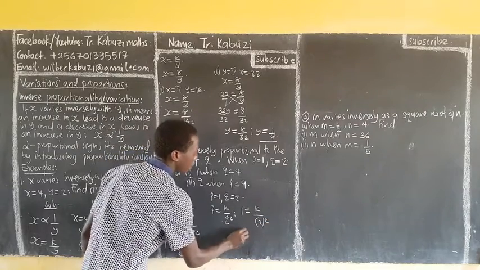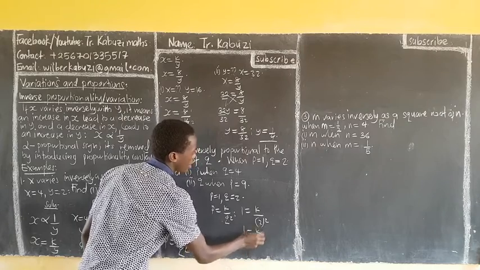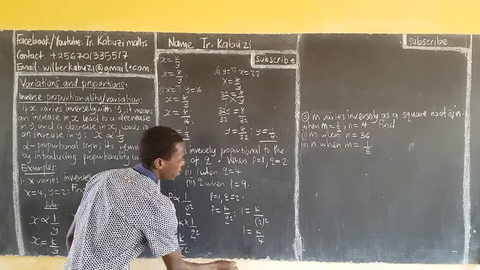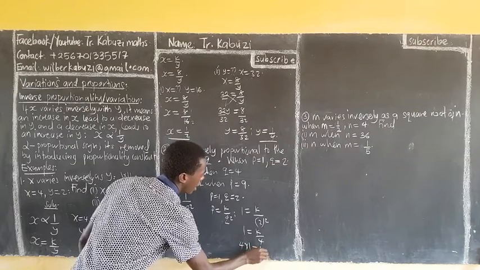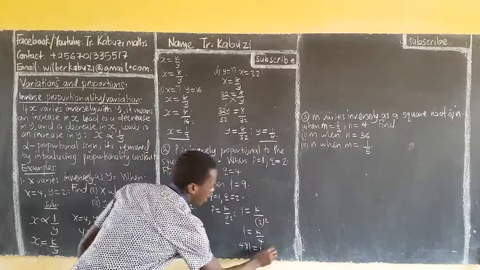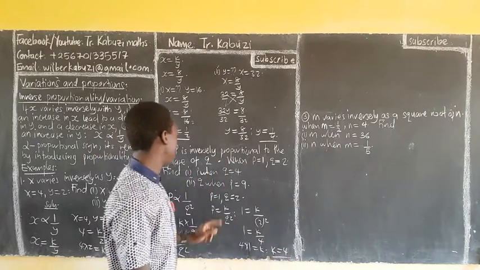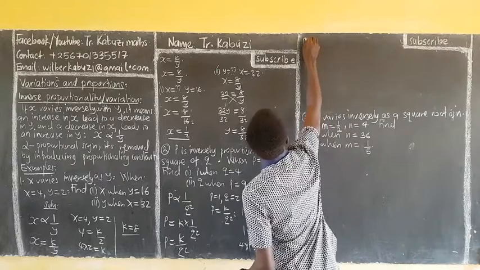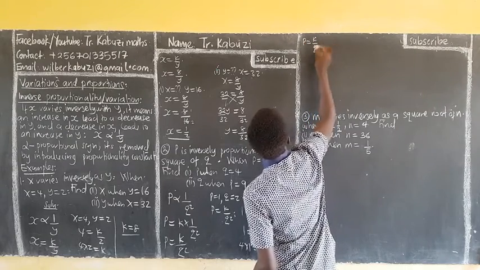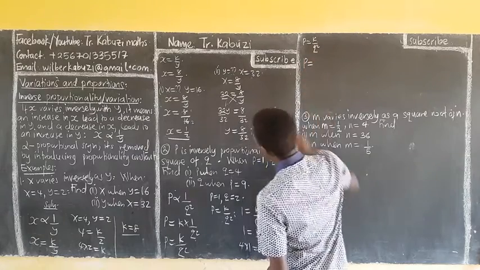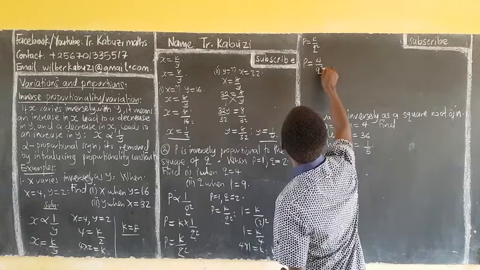This would be 1 equaling, when you square 2, you get 4, and then you cross multiply, that 4 times 1 will be equaling k, and from there your k is 4. Writing this again, from your p equaling k over q squared, it means that your p will be our k, which is 4 over q squared.